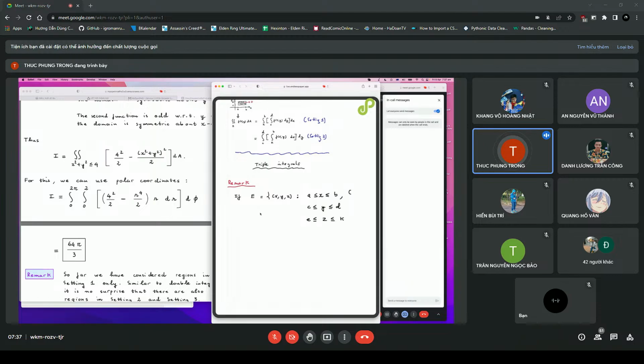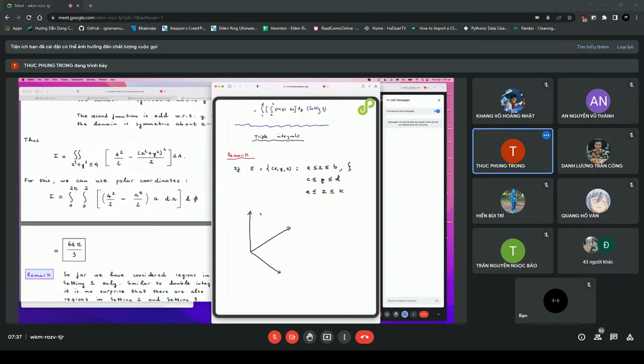So let me try to show you a picture right here. We have x, y, z. So we have some rectangular parts right here.